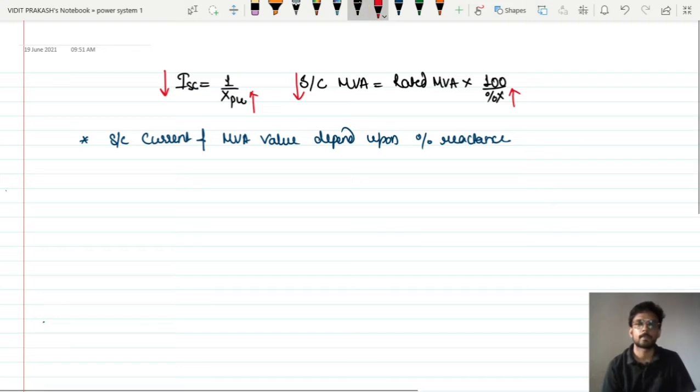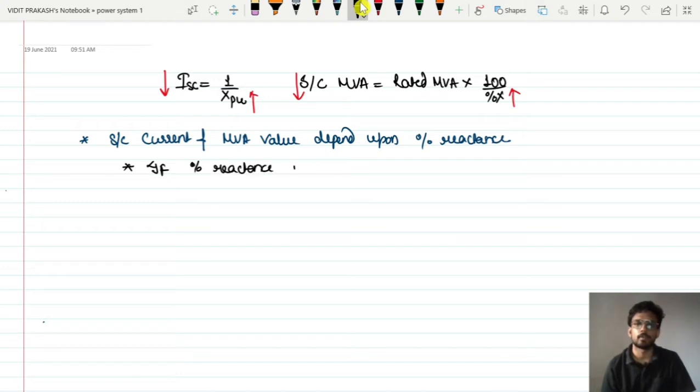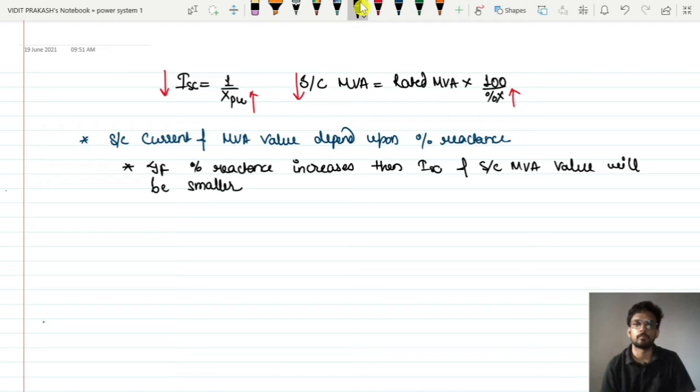So, if we write one by one each and every point: if percentage reactance increases, then short circuit current and short circuit MVA value will be smaller, right?